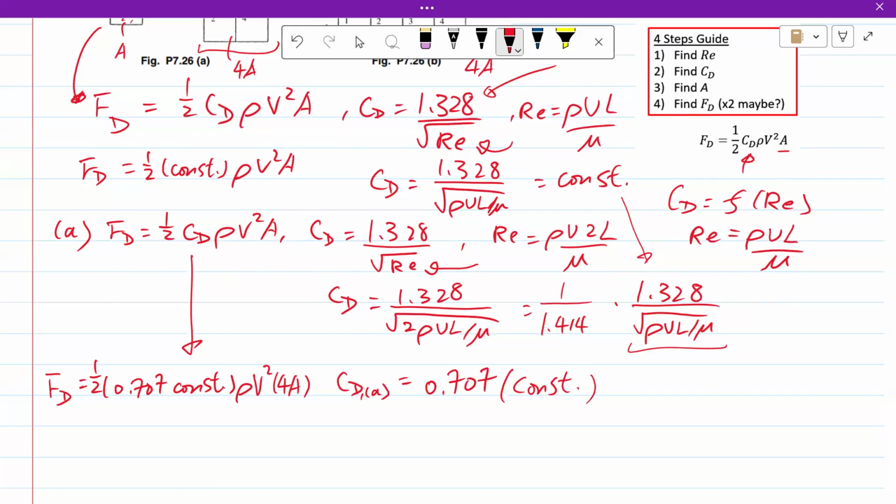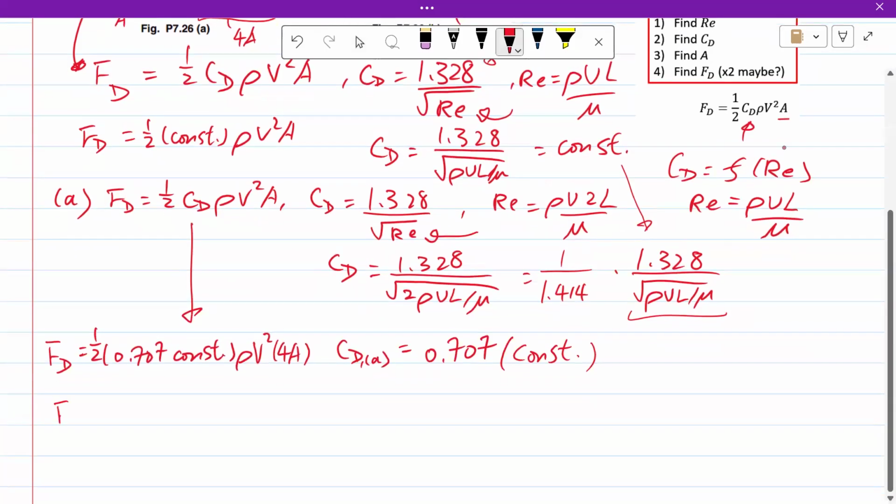That's going to give us basically 2.828, which is basically just 0.707 times 4, and then the rest of it stays the same.